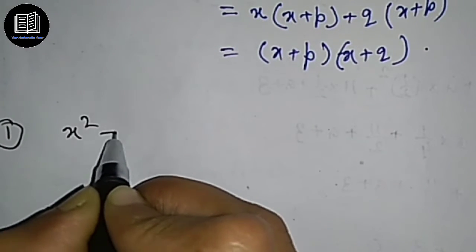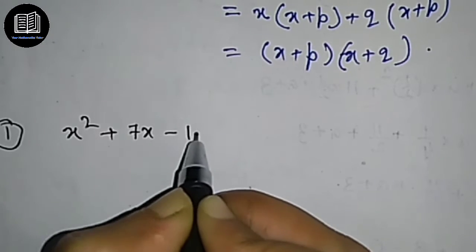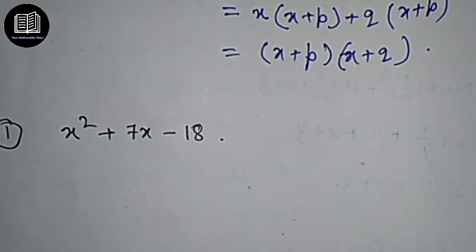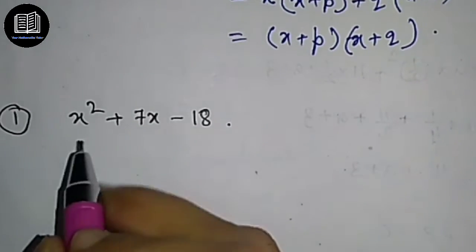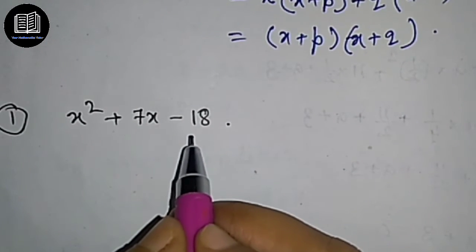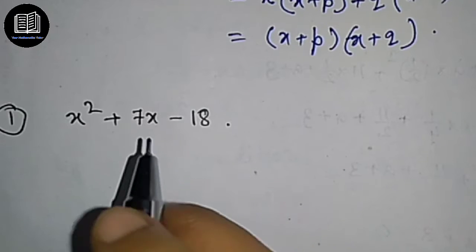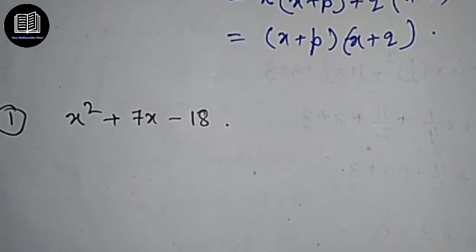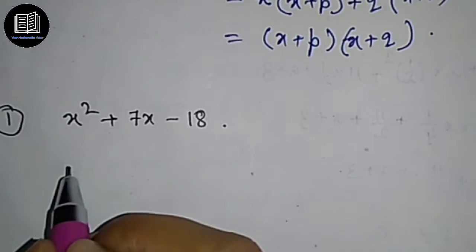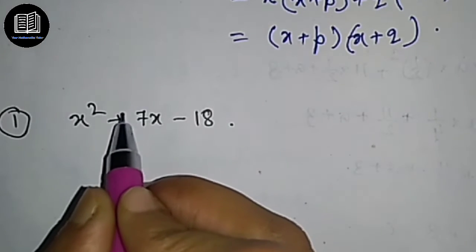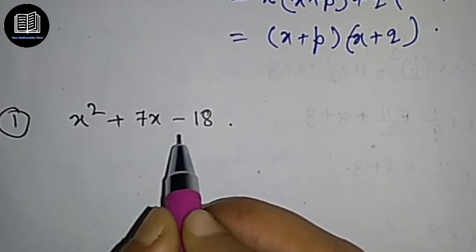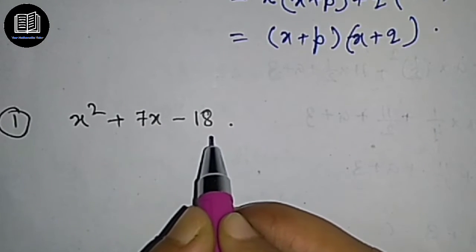x square plus 7x minus 18. Now the given expression is x square plus 7x minus 18. Now we have to find two integers, that is p and q, whose sum must be 7 and product must be minus 18.